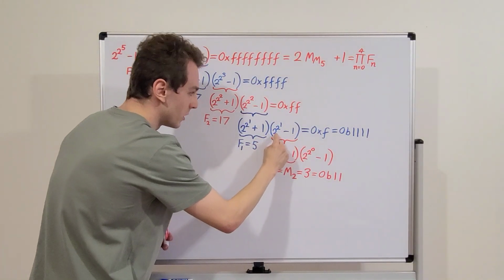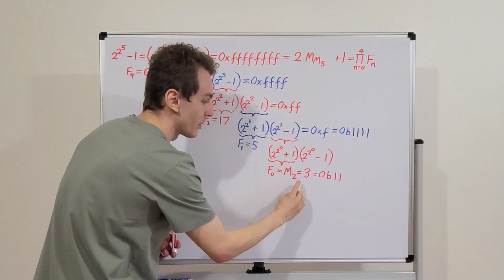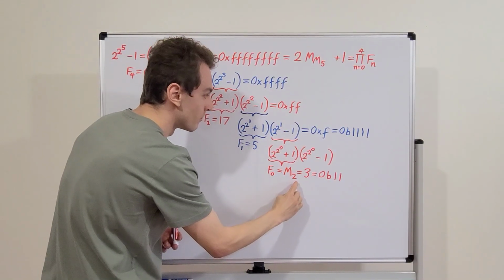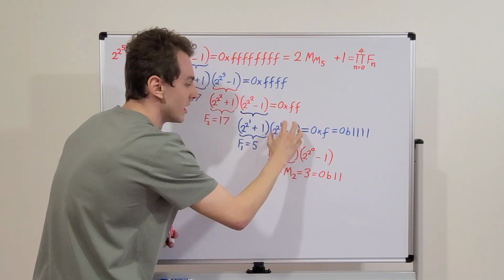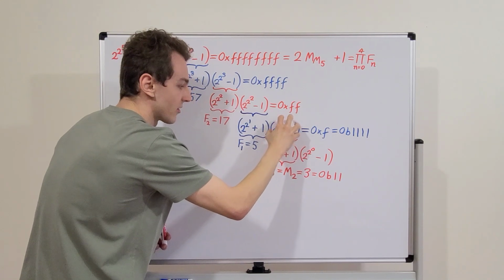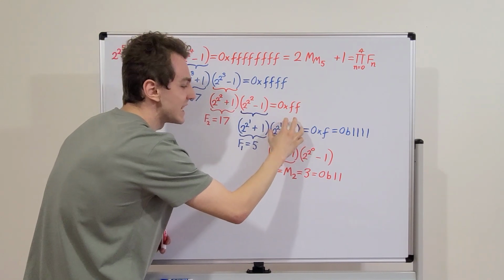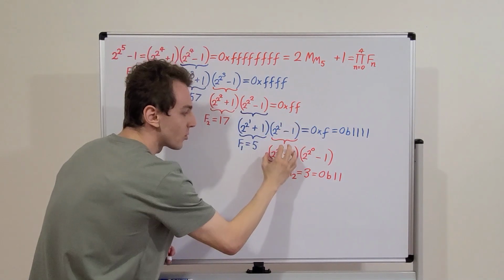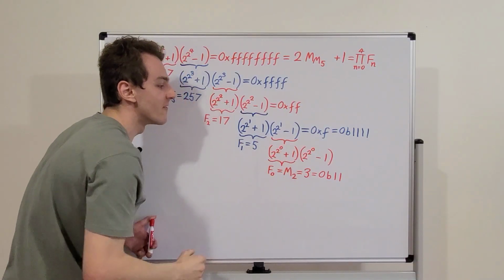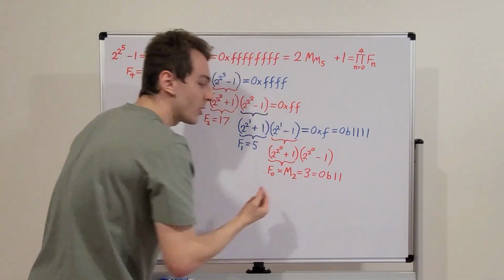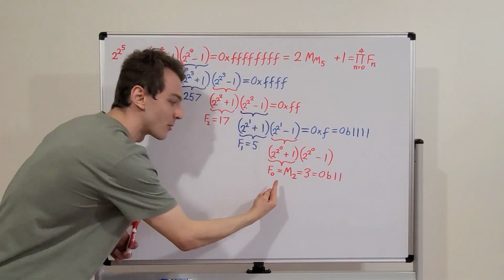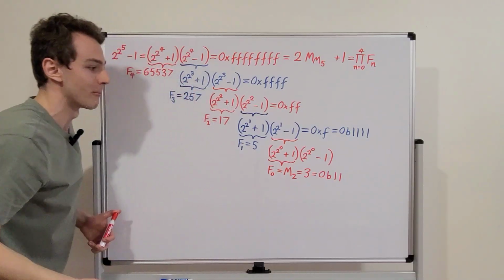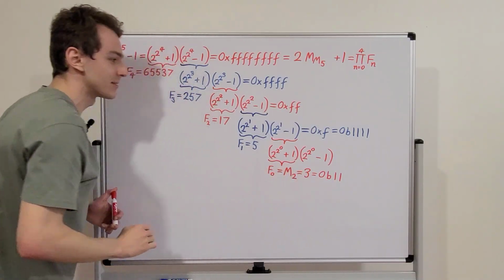So this is 2 to the power of 2. That's why we have this subscript 2. And then we're subtracting 1. So in this format, we can see that 3 is a Mersenne prime. And in this format, we can see that 3 is a Fermat prime. So 3 is very special because it's both a Fermat and a Mersenne prime. It's a very interesting case.